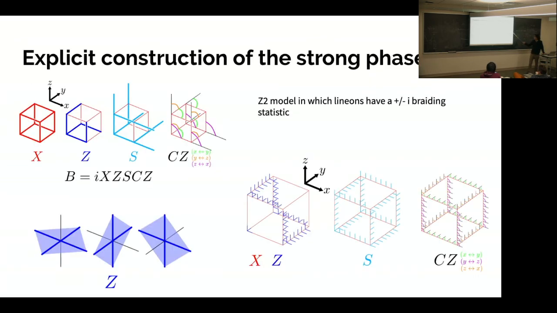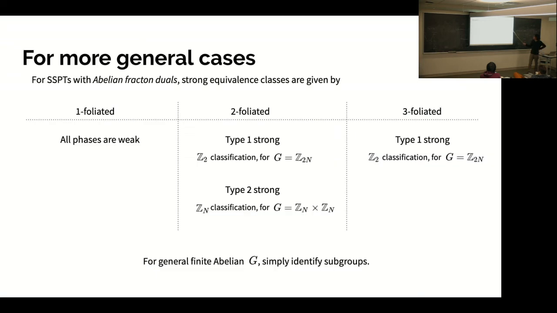Okay, so this was all for Z2 with 3 foliated cases, but you can also do a similar analysis for other cases. So this is what we just went through. For 3 foliations, there's really only one strong phase in a Z2 classification for any G that's Z_2n. So as long as it's a cyclic group of even order, this is the Z2 classification for 3 foliated cases.